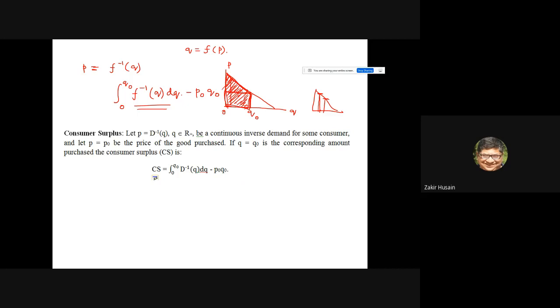Sir, you're asking about the rectangle? No, I'm asking about the rectangle plus the triangle. On what do you base your reservation price? Sir, preferences. Think again.